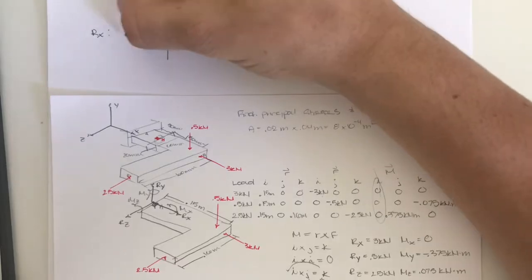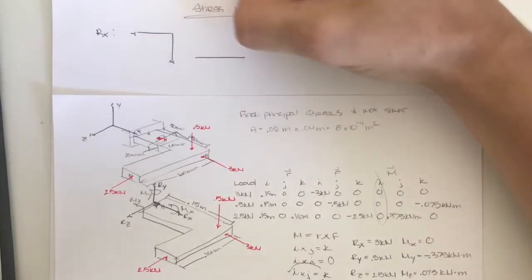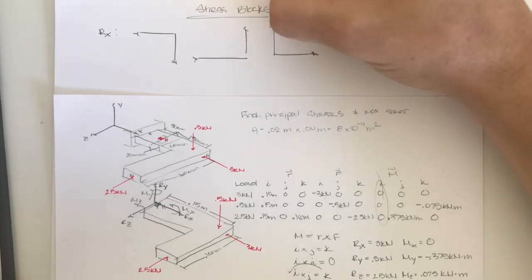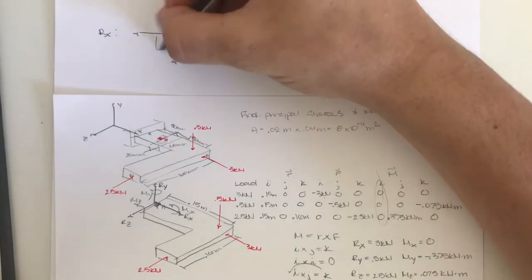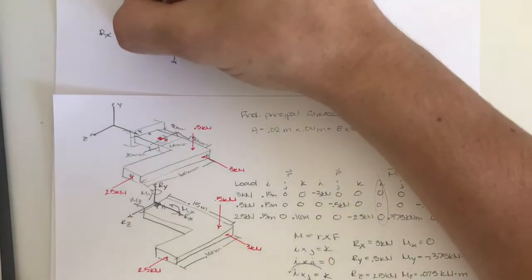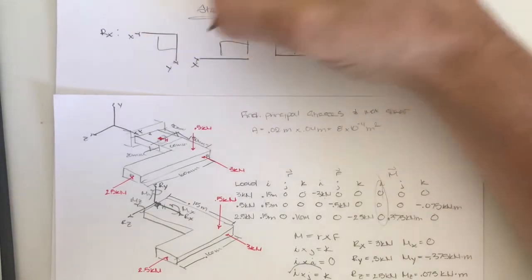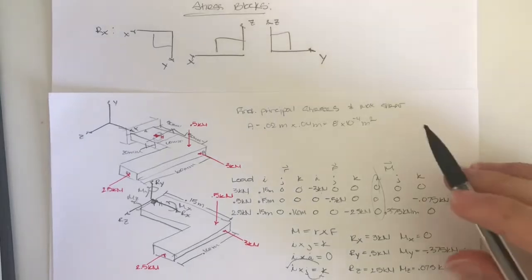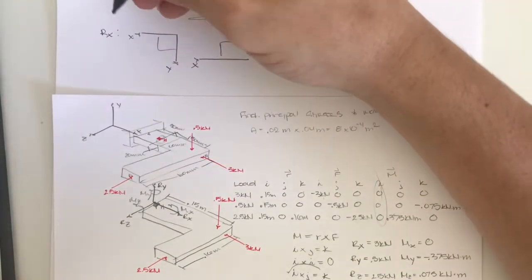Okay, so now we can make our stress blocks here for Rx. We know what these stress blocks will look like. We have the XY, XZ, and the ZY. So we have a stress in the X direction here.